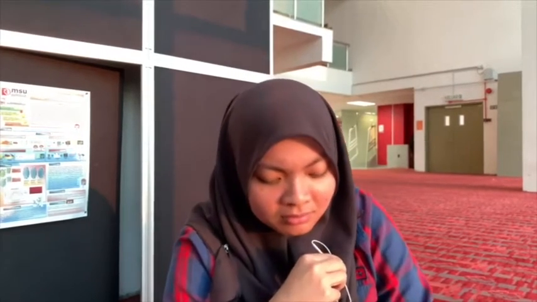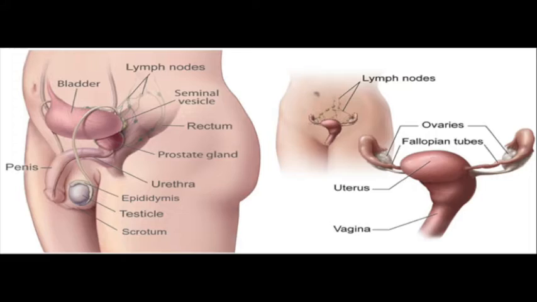The ovaries are located in the pelvis, on each side of the uterus. This is a picture of gonadal hormone.